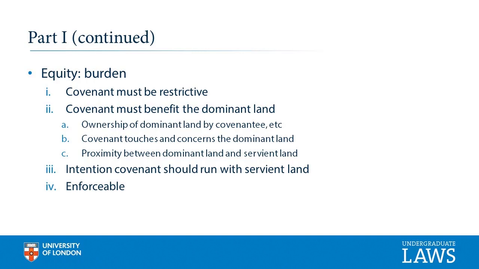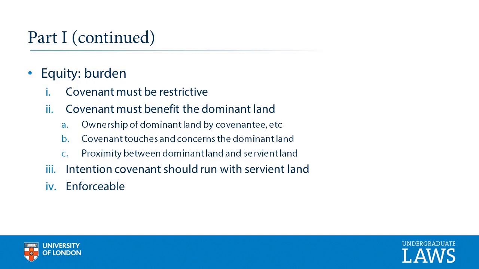It's worth noting that satisfaction of the first three conditions qualifies the covenant for recognition as an equitable proprietary right which affects the servient land. The fourth condition relates to the enforcement of that proprietary right against transferees of the servient land.